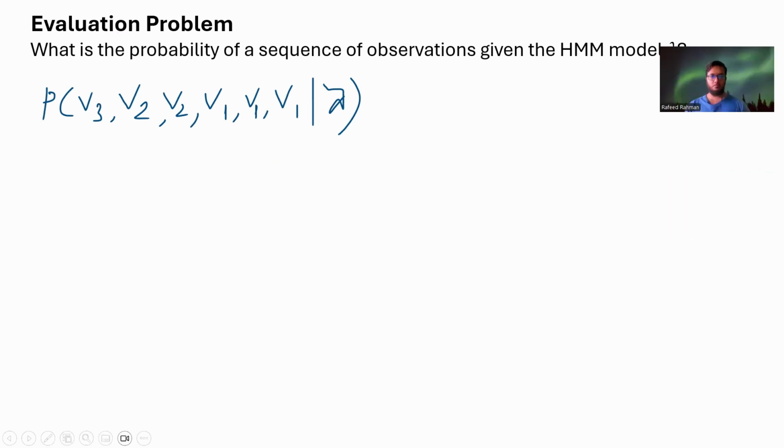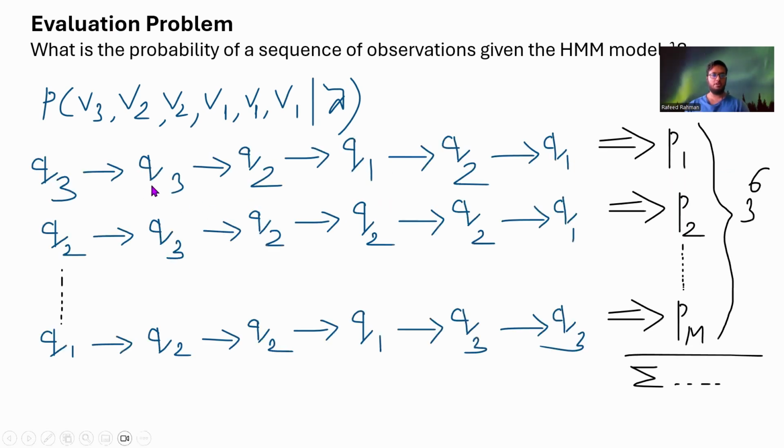The naive way of doing this is to calculate the probability for different sequences of hidden states. We don't know which hidden states are in the 6 time steps, so we can put in all different combinations of the states and calculate the probability for each one. In the previous slide, I showed an example where I calculated the probability of the hidden states and the observations.